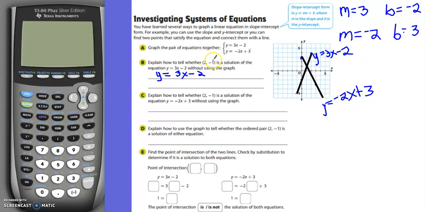Y is -1 and x is 2. 3 times 2 is 6. 6 minus 2 is 4. 4 does not equal -1. So this is not a solution.